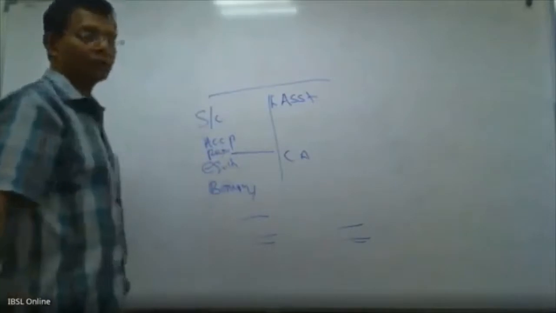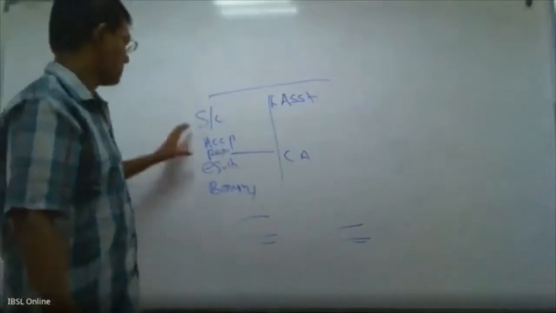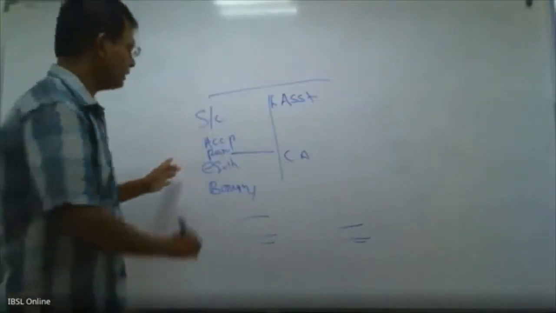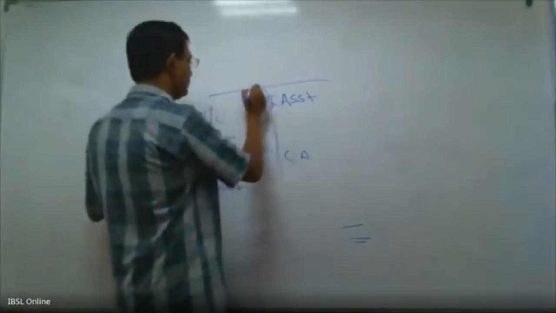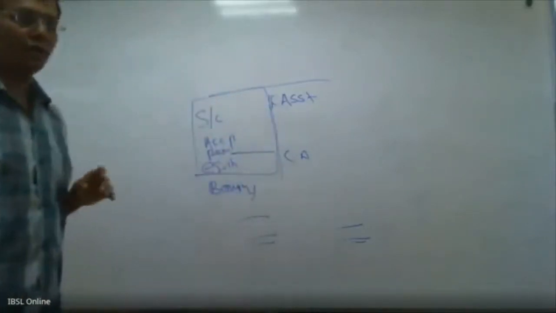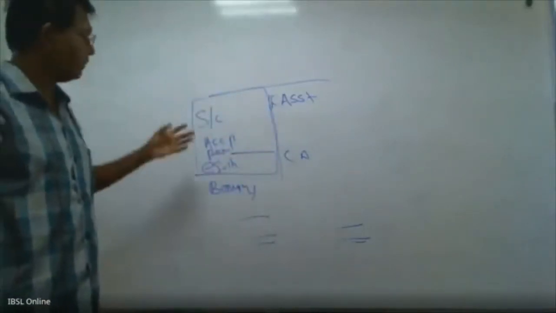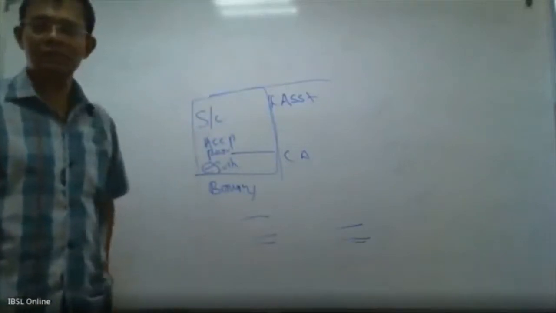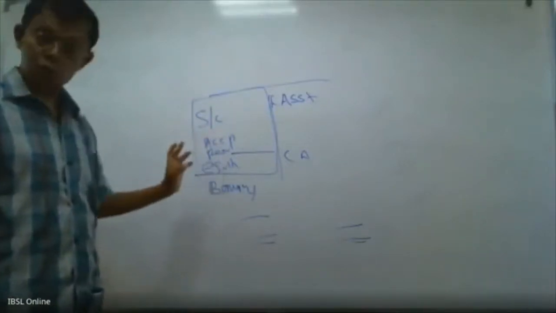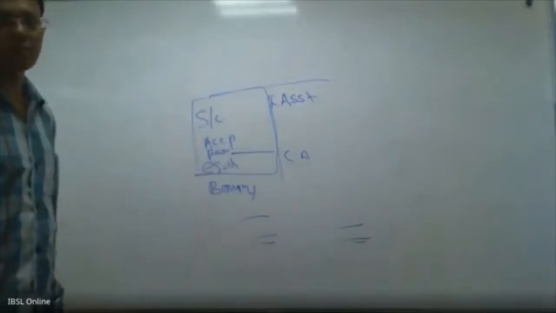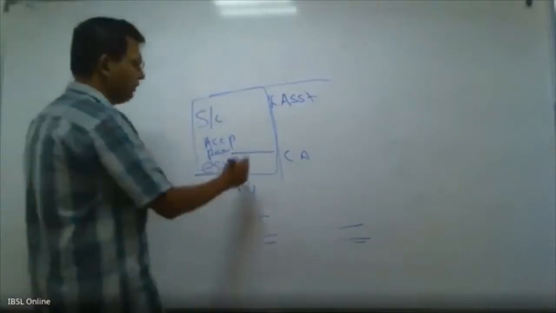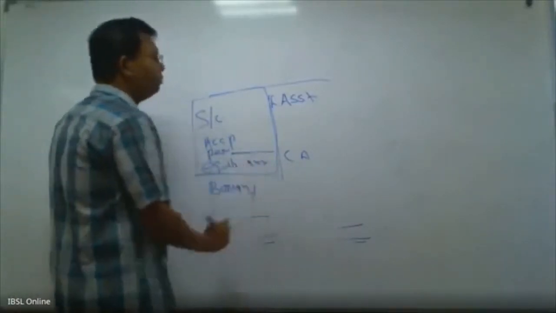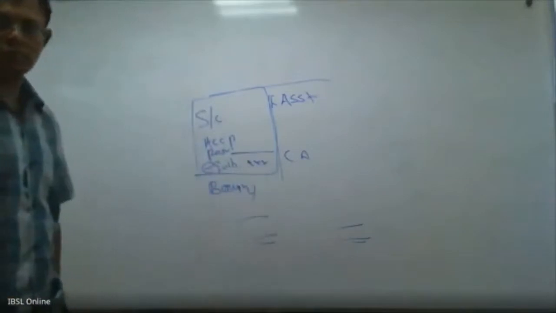Net worth. This is the net worth. This is the value of the particular company. What is the value of this particular company? Share capital plus reserves. Accumulated profit is also part of reserves. Right? This is equity. Belongs to whom? The owner.